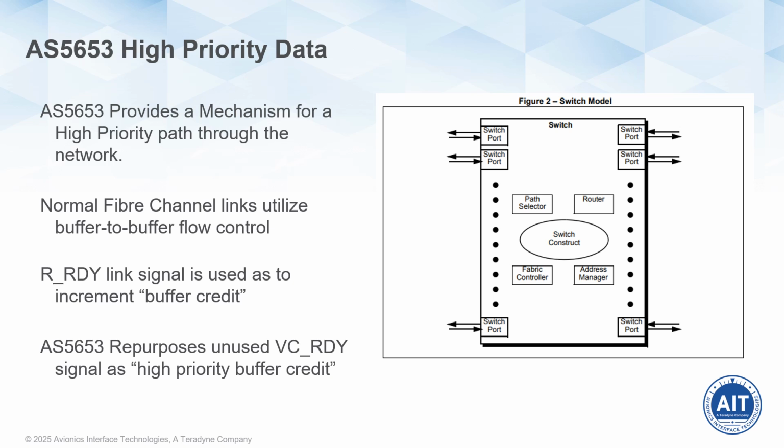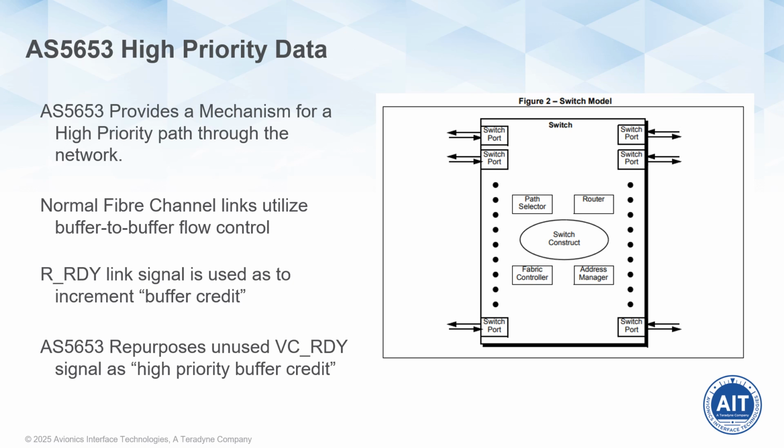In that case, if there is a high priority, low bandwidth signal that needs to use the same links and buffers, it's going to be impeded, and obviously that's going to increase the network latency for that high priority data. So in AS5653, an additional high priority mechanism that can bypass the standard buffer credit system is made available.